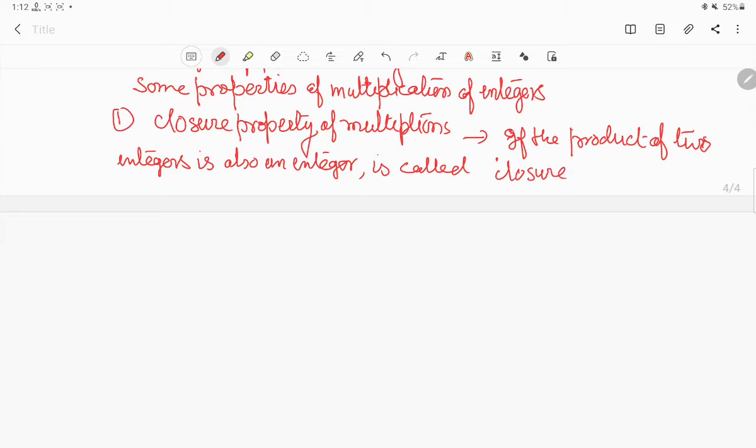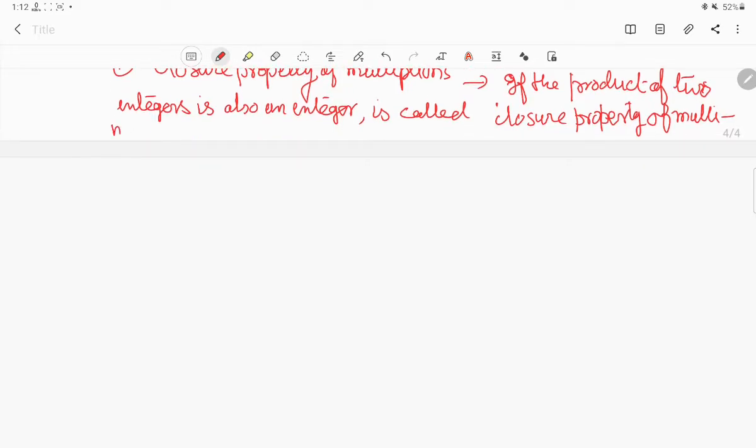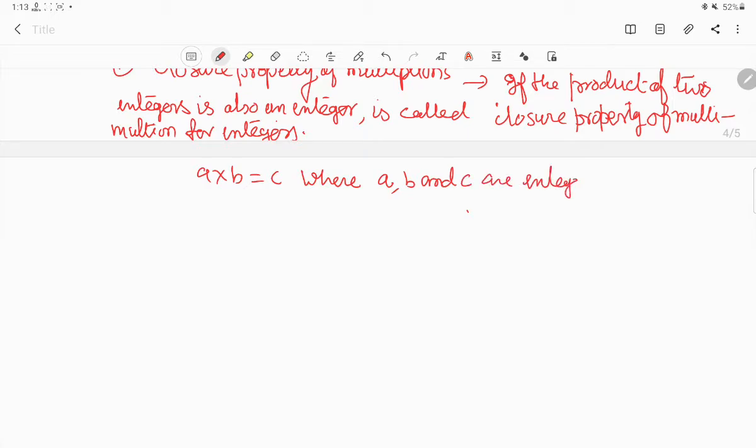In general we can say that A into B is equal to C, where A, B and C are integers.